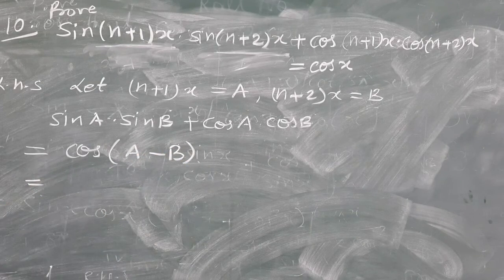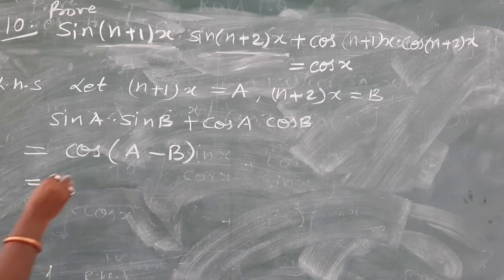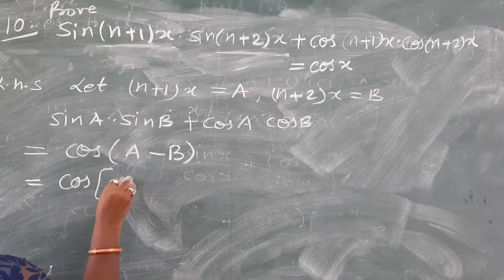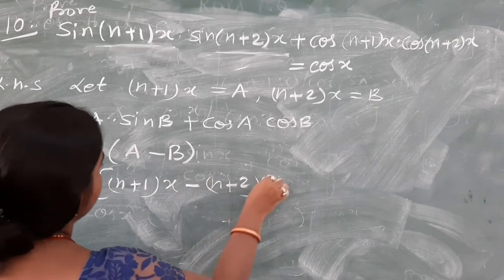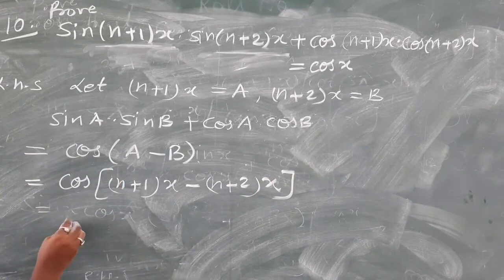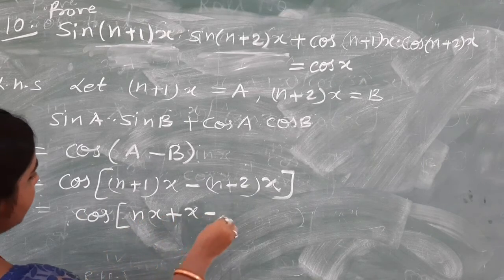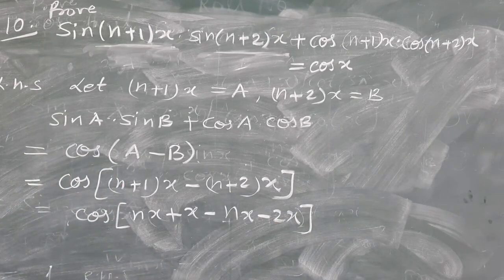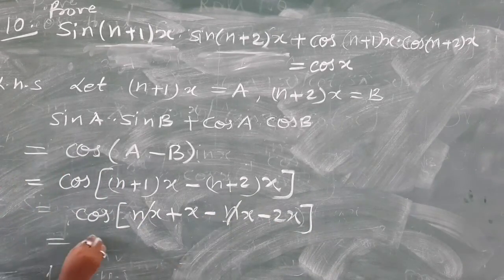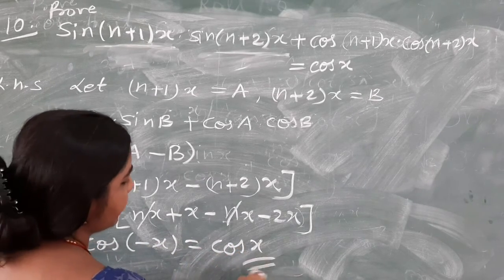Now I am going to apply the A and B values here: cos of (n plus 1)x minus (n plus 2)x. So this is cos of nx plus x minus nx minus 2x. So plus nx minus nx, here cos of minus x. So this is cos x.